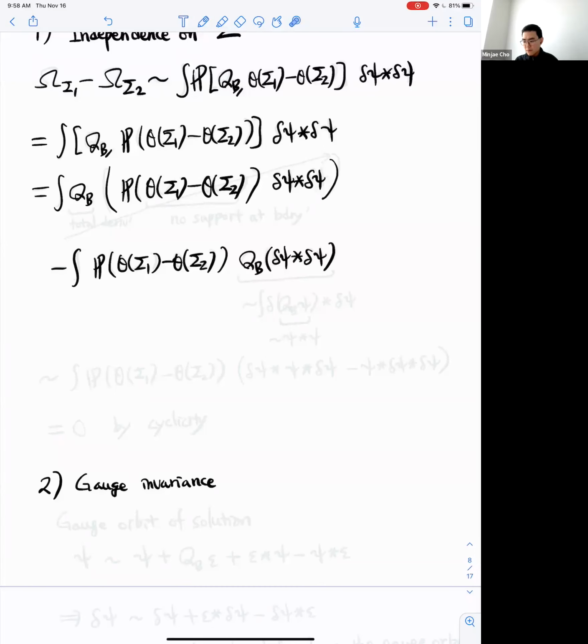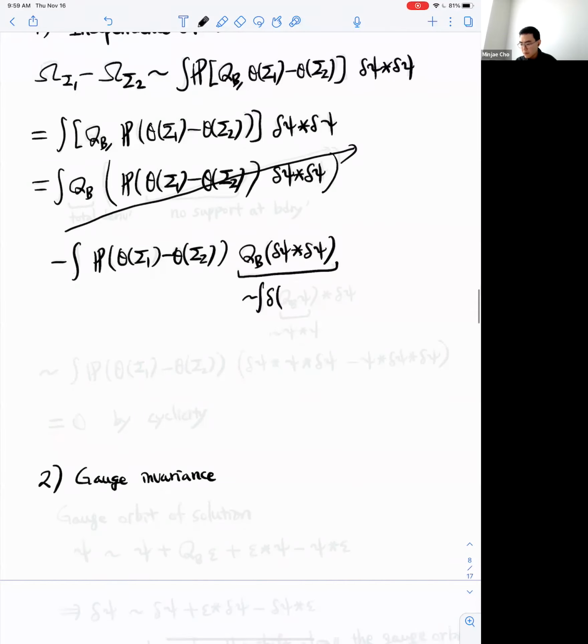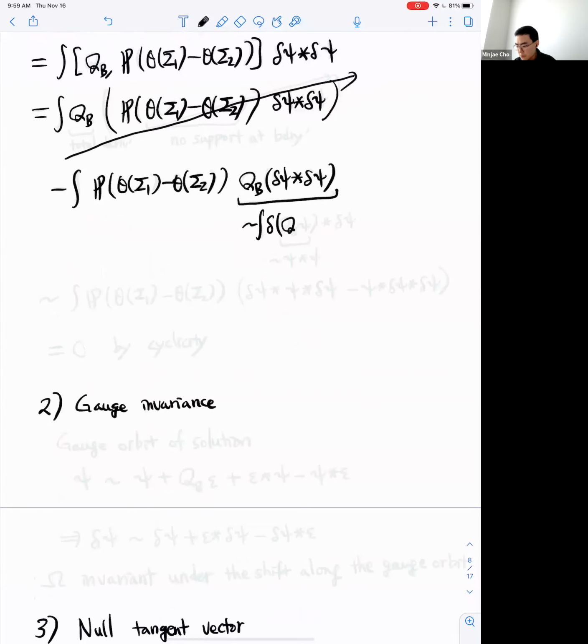And because these are theta minus theta, and solutions, we assume that they have no support at the spatial boundary. This entire thing does not pick up any contribution from the boundary, so we can cross it out. And this one, we know that we are talking about solutions, so whenever we see an expression like Q_B acting on psi, we can trade it with psi star psi.